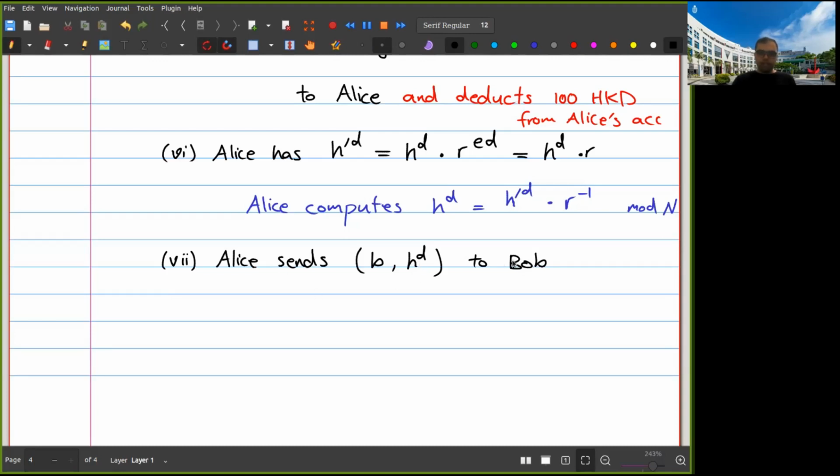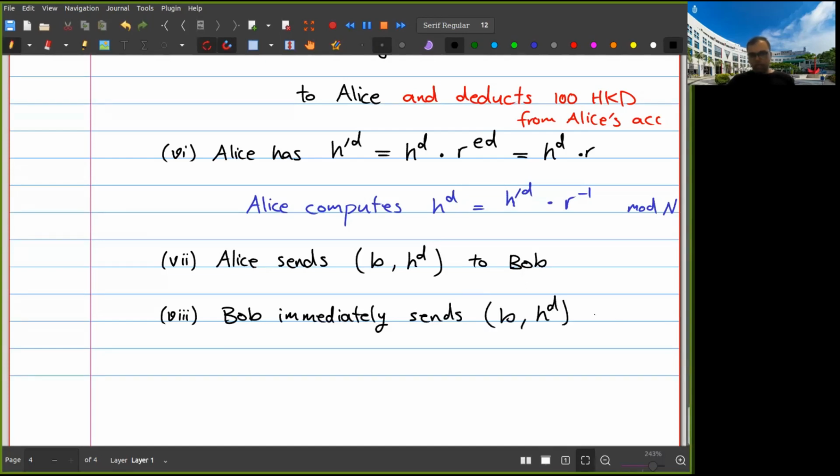Okay. So Alice sends this to Bob. And then, as usual, Bob immediately deposits it, because that's how we make sure there is no double spending. So Bob immediately deposits it with the bank. So Bob immediately sends B and H to the D to the bank.